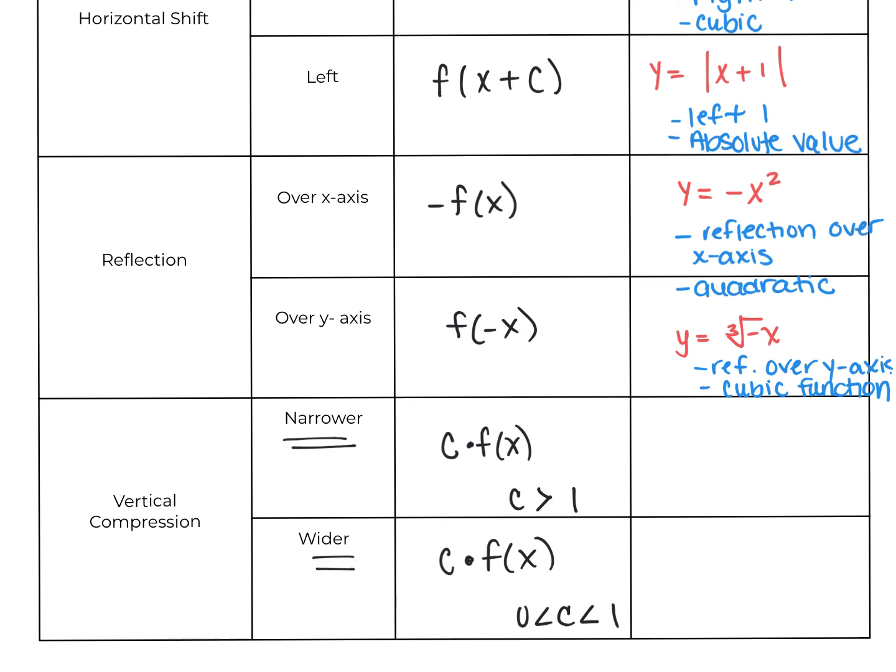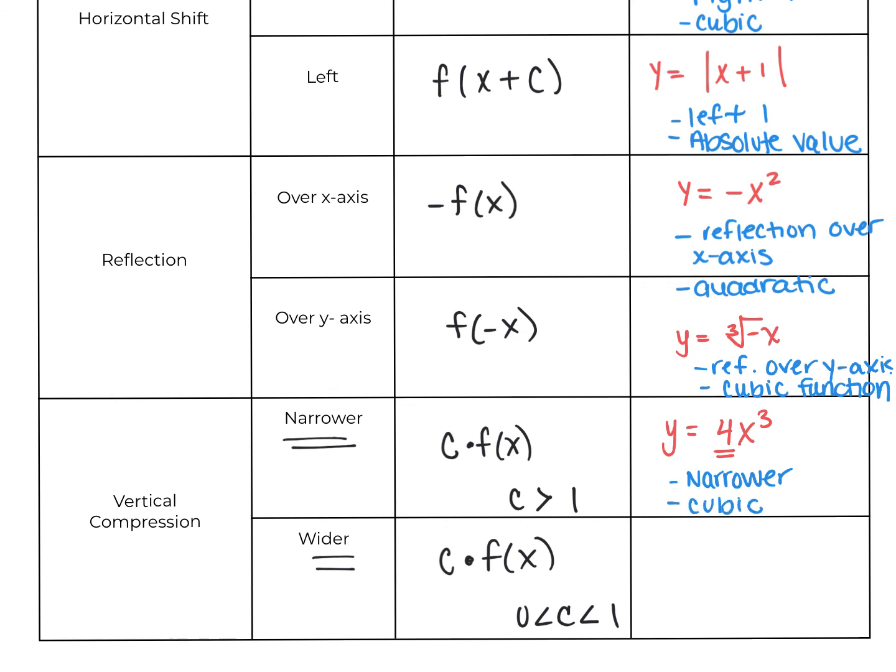So an example would be y equals 4x cubed. Because the number in front is larger than 1, our graph will become narrower, and the original function is cubic.